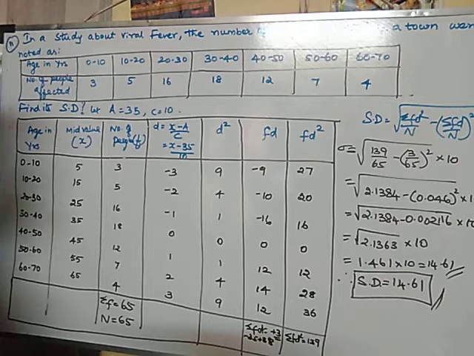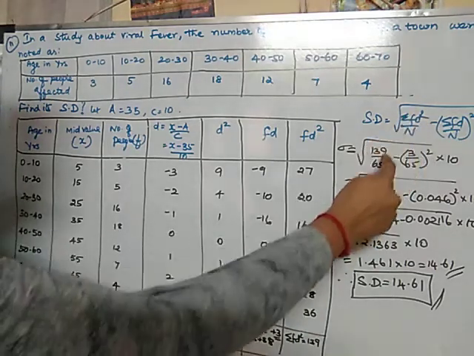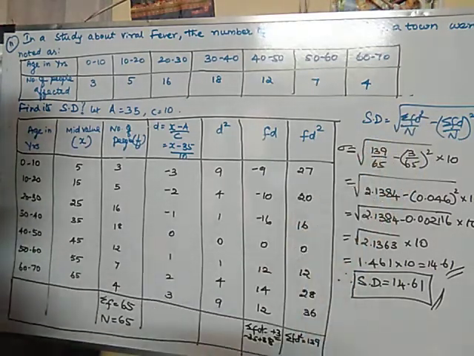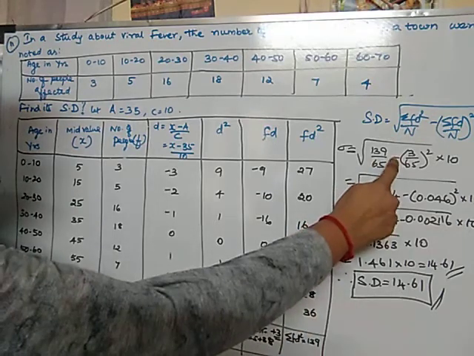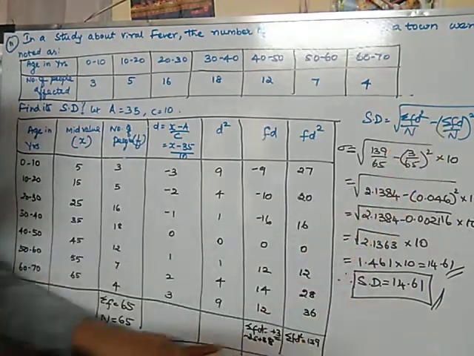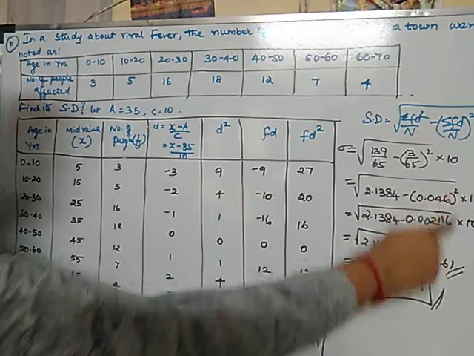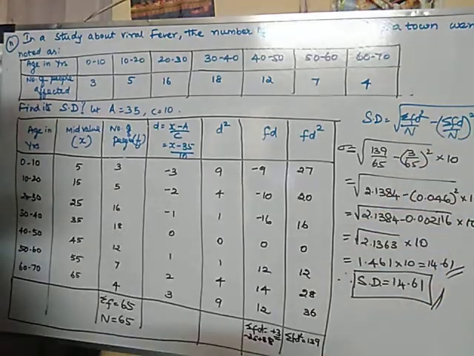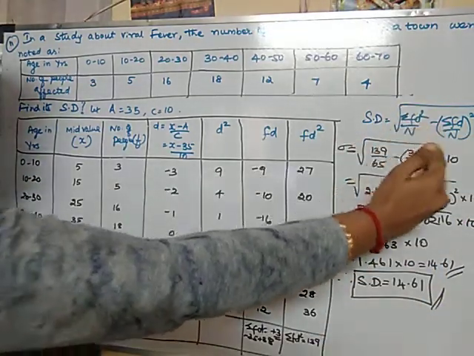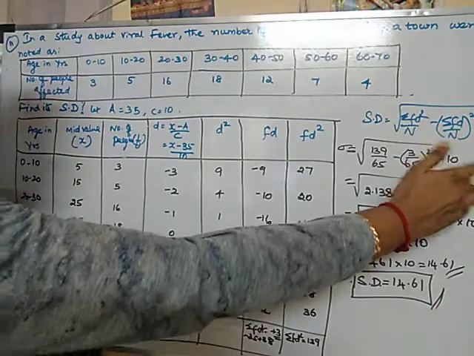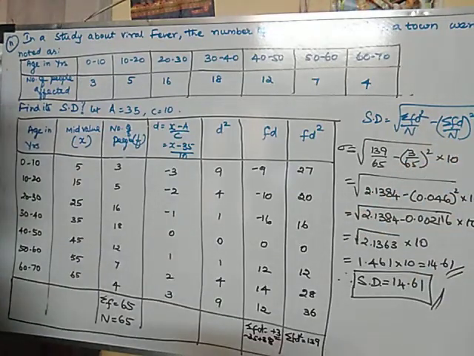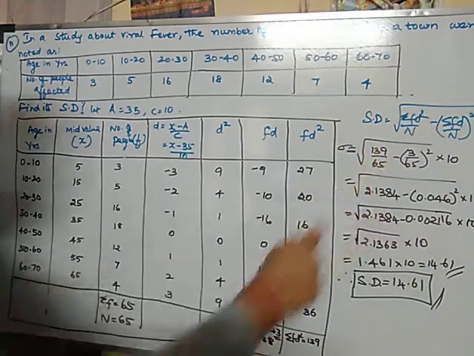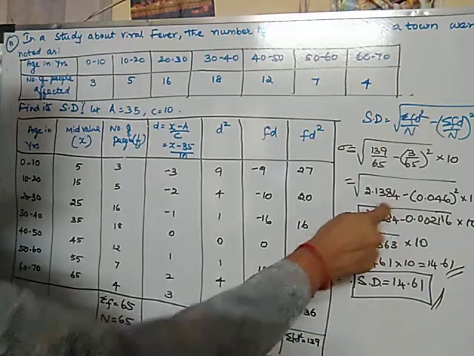So sigma will be square root of, in fd square write 139, divide by n is 65, subtract fd is 3 by 65 the whole square, into your C is 10. This root symbol is only for this fd and fd square, not for C. Now divide this 139 by 65, you'll get 2.1384.